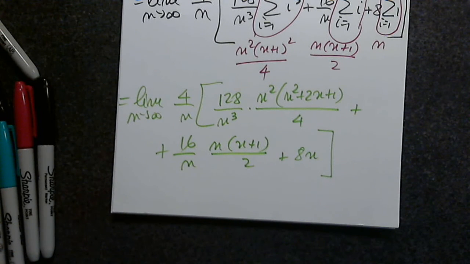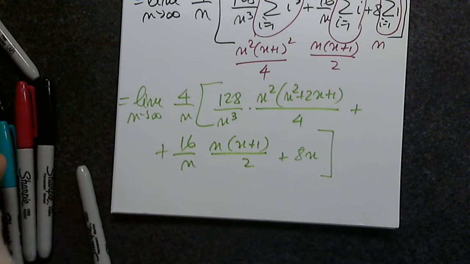I had to replace each and every summation or sigma notation by whatever it equals. And I realized that the denominators, other than n, all quantities will go away. The n squared with n cubed, I still have an n, but 4 will simplify with 128. I still have an n, but 2 will simplify with 16. So the least common denominator is nice, just n. Everything else goes away.